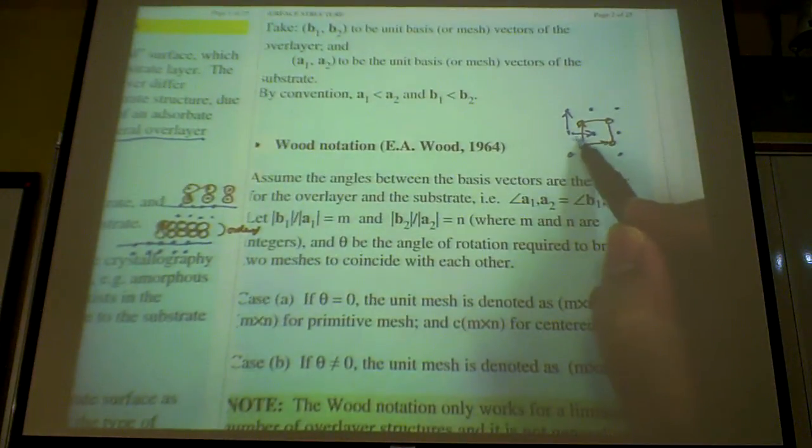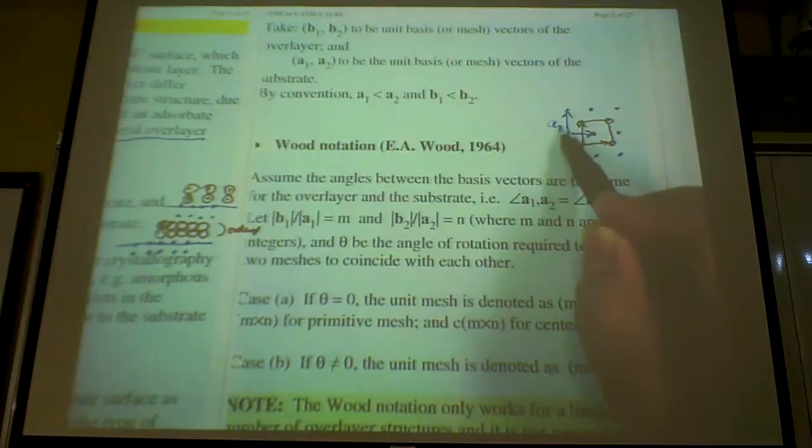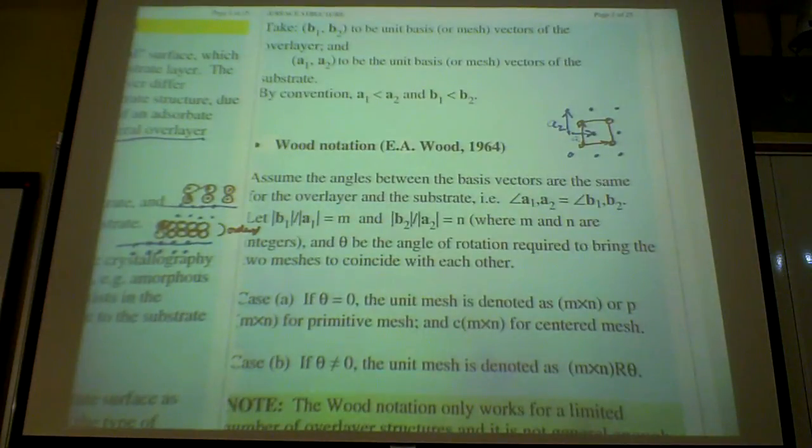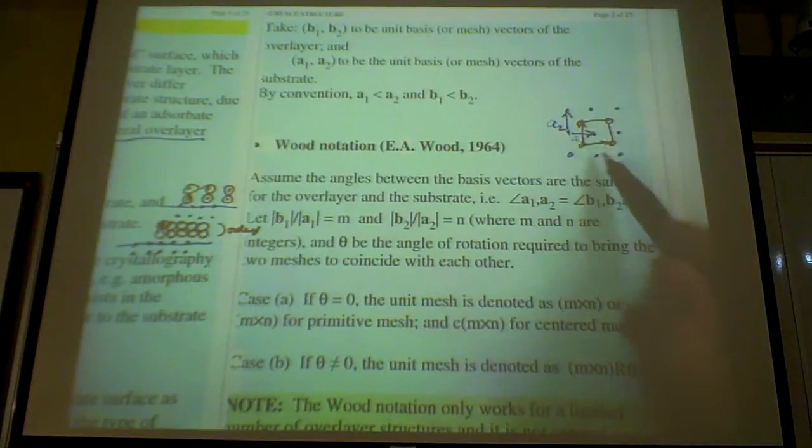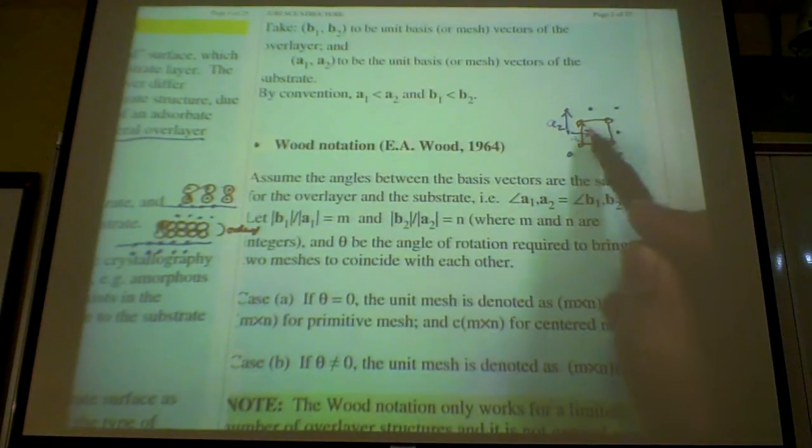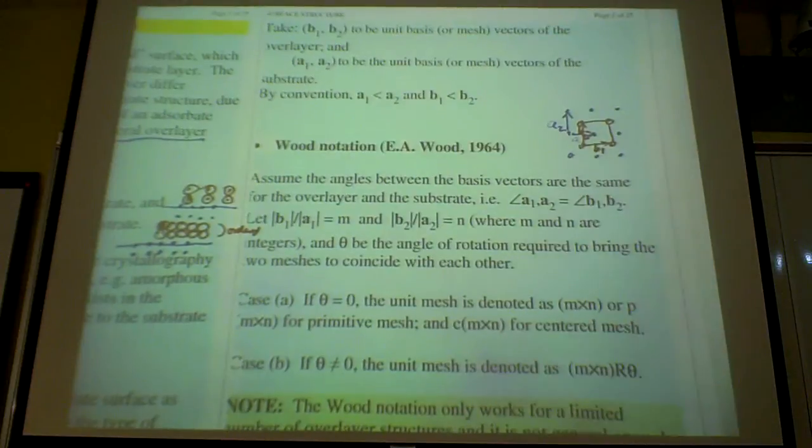Let's say this is A1, this is A2, and then I have my overlay layer, which is represented by my red. I call this one B1 and B2, two axes, again like this.